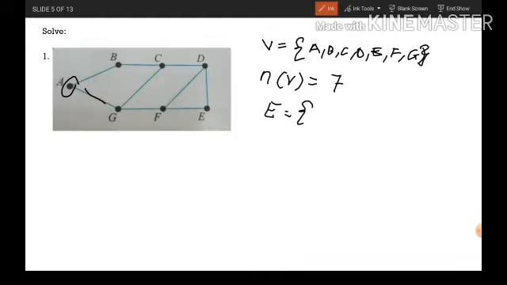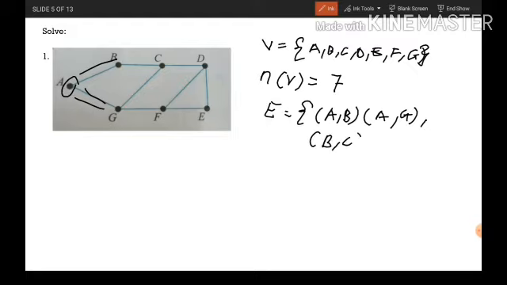Look at the first one, A. A is connected with B and G. So write like this: A to B and then A to G. Next, B. B to C. We don't write B to A again because there's already A and B. Next one, C. C to D and then C to G. Next one, D. D to F and then D to E.